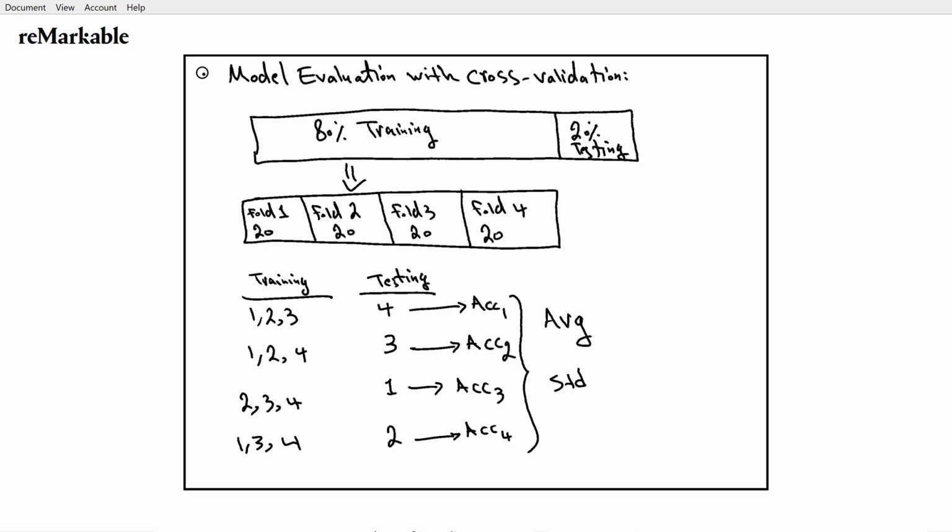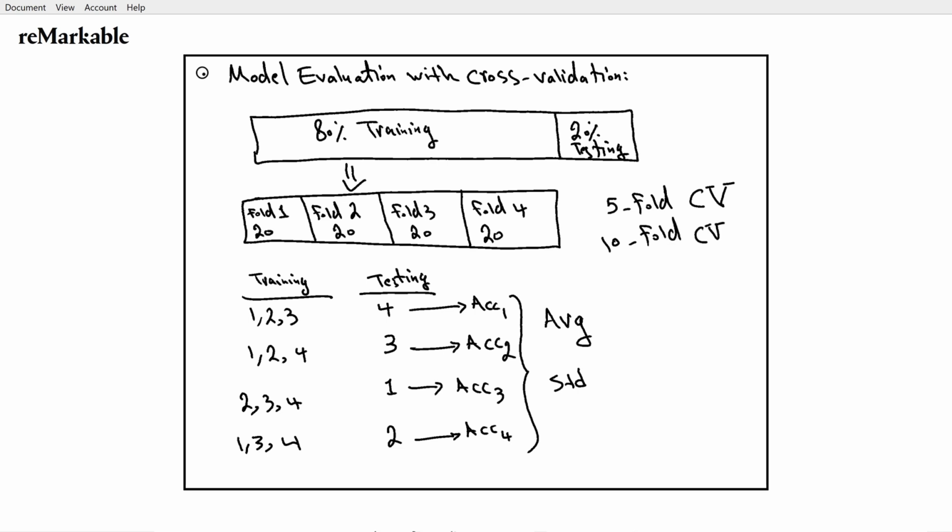Typical numbers for cross-validation are 5, so people usually will talk about a 5-fold cross-validation. Sometimes it's called CV, standing for cross-validation, or 10-fold cross-validation is very common.